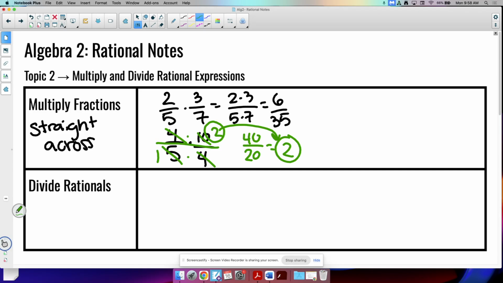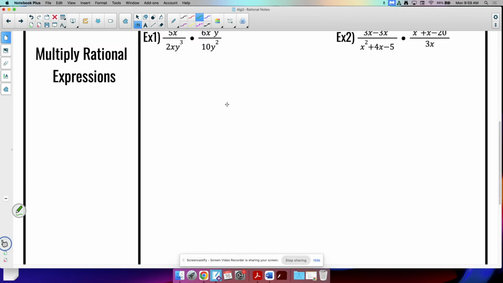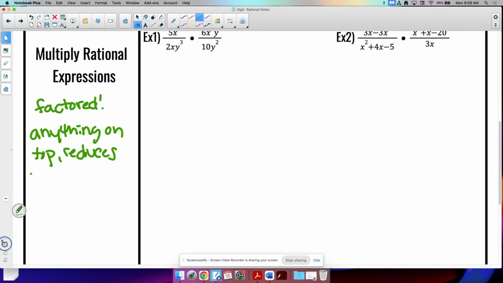So when we multiply fractions, the key part is that we have to multiply straight across. And since we are going to be doing these with variables and expressions, the main thing is to make sure things are factored. And then because you still have to multiply straight across, anything on top reduces with anything on the bottom.